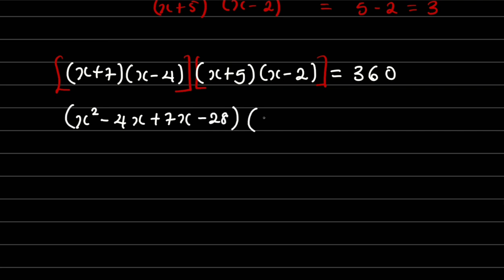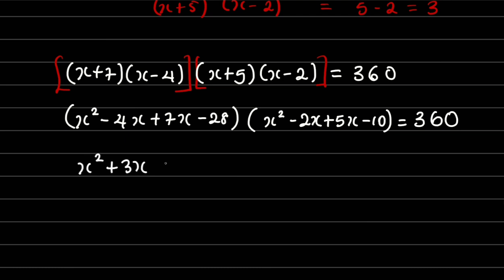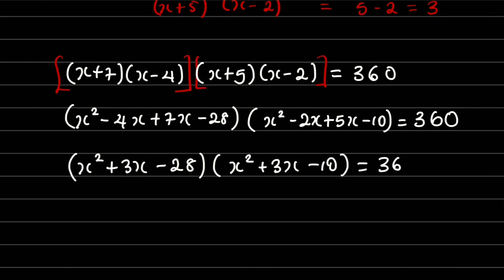Then expanding the other, we are going to have x squared minus 2x plus 5x, then minus 10 is equal to 360. Now, from what we did, you can see that we are going to have x squared plus 3x minus 28. Then we have x squared, sorry, not minus, but plus 3x. Then we have minus 10 is equal to 360.